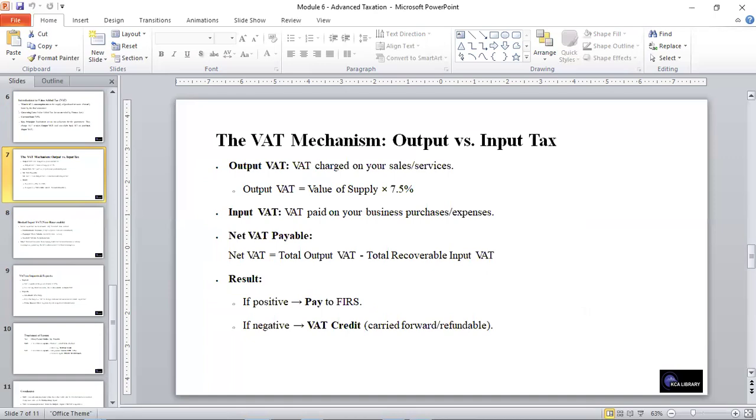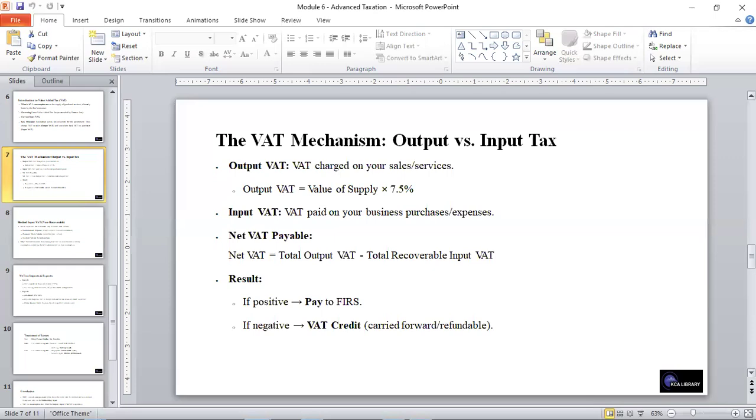Output versus input VAT are the mechanisms of VAT. Output VAT is VAT charged on the sales or services rendered, calculated as the value of supply multiplied by 7.5%. Input VAT is VAT paid on the business's purchases and expenses.